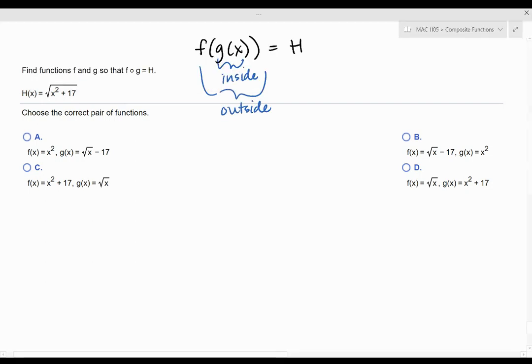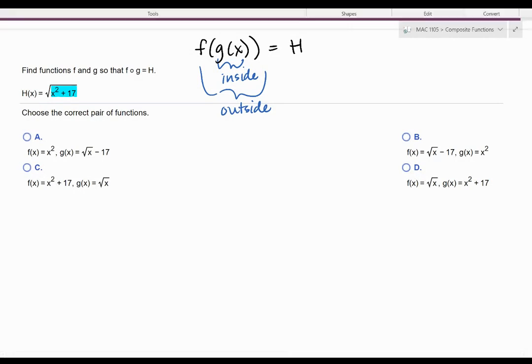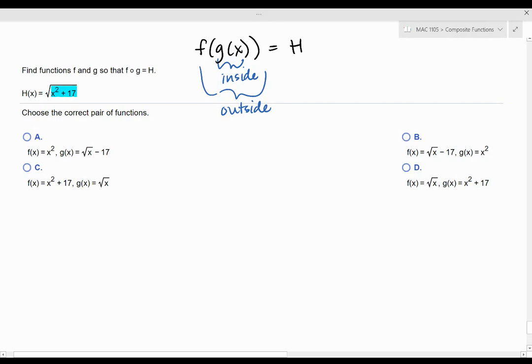In this problem, x squared plus 17 is inside of that radical, so g of x equals x squared plus 17. If we replace the highlighted part with parentheses, it's sitting inside of the radical function, so f of x equals the square root of x.